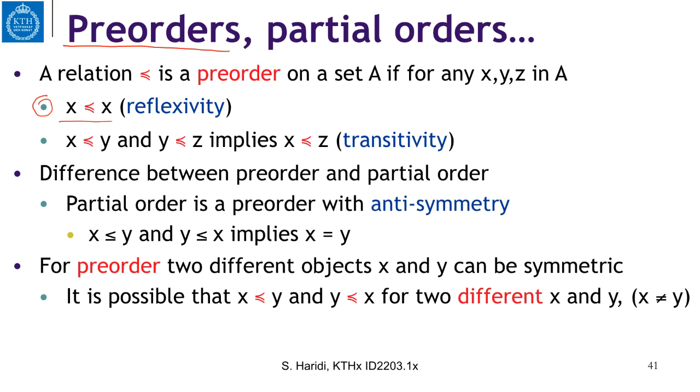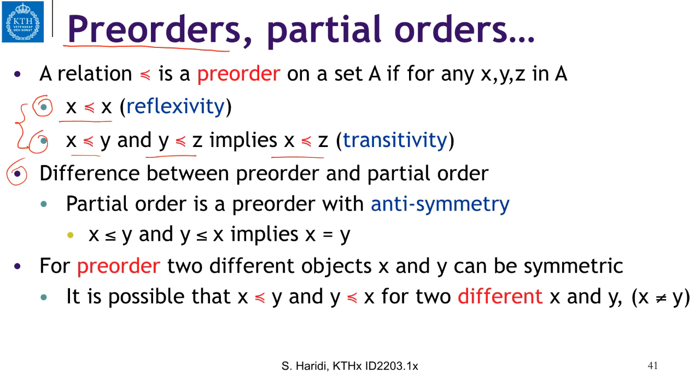Then we have transitivity, which says if x is less or equal y and y is less or equal z, then x is less or equal z. These two properties give us preorder.